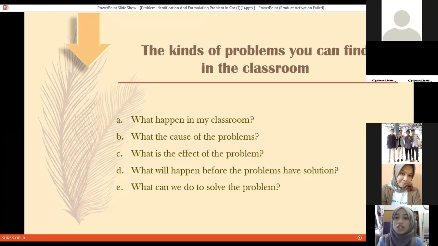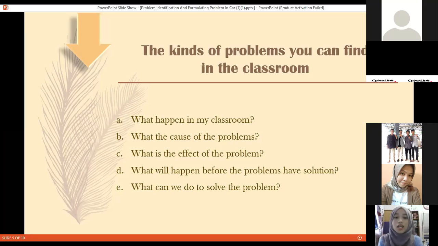It means you also have to pay attention to what effect you have when teaching your class. And the next one, what will happen before the problem has a solution? It means when we avoid or have a solution to the problem faced by the student, when that will happen.